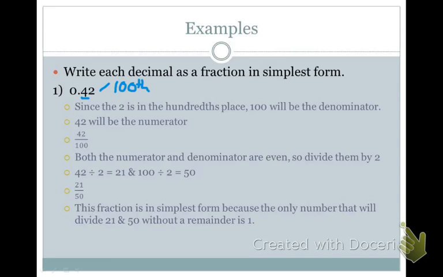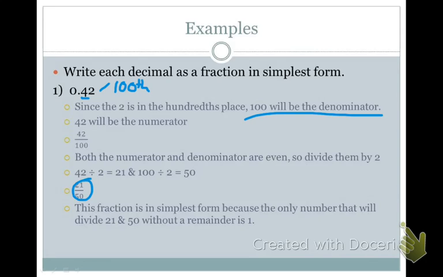That means I'm going to have 100 as my denominator, and the 42 goes on top. So 42 over 100. Both the numerator and denominator are even, so we can divide them by 2. 42 divided by 2 is 21, and 100 divided by 2 is 50, so our answer becomes 21 over 50.